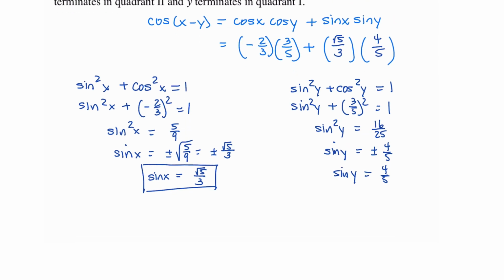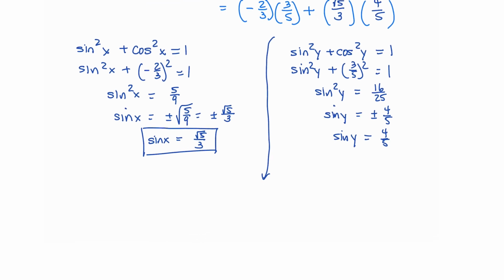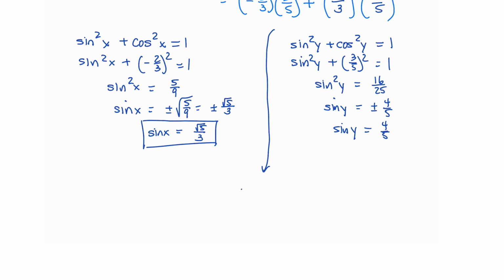Now I'm going to draw a little arrow here, and we're going to simplify this expression a little better. So negative 2/3 times 3/5. Ordinarily we would cancel the 3 since it's a common factor between numerator and denominator. But seeing into the future a bit, we're going to have two expressions with the same denominator, 15, if we just simply multiply them. So we're just going to write that as negative 6/15.